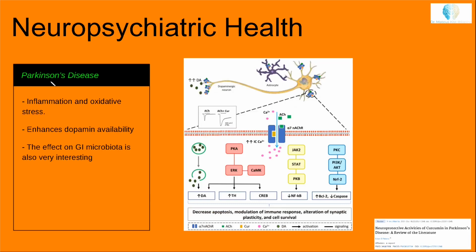Now about Parkinson's disease. Beyond inflammation and oxidative stress, in laboratory studies, curcumin also appears to improve dopamine availability. Dopamine is another neurotransmitter, and problems on the dopamine metabolism is one of the hallmarks of Parkinson's disease.